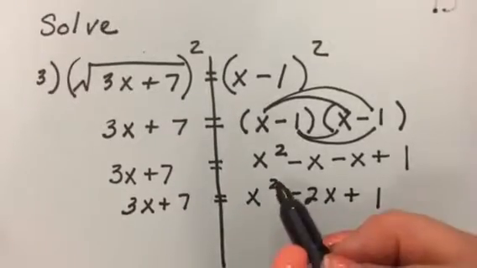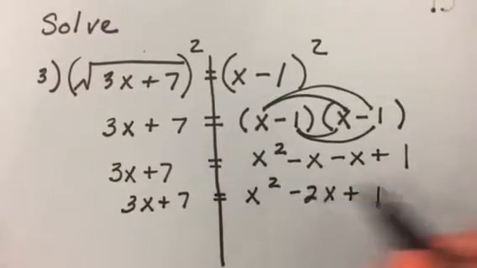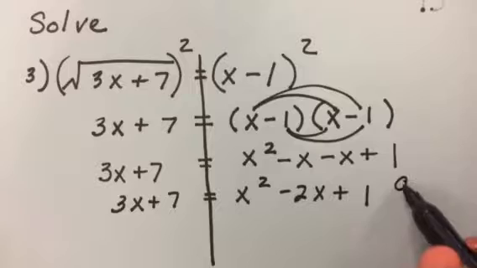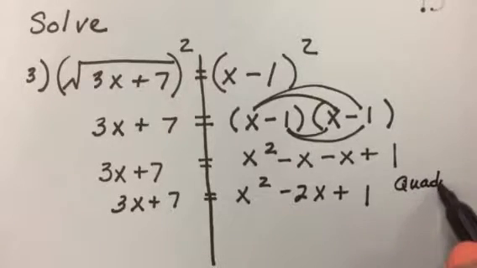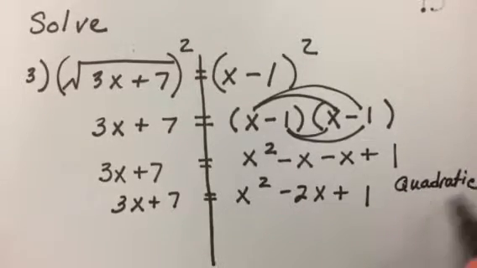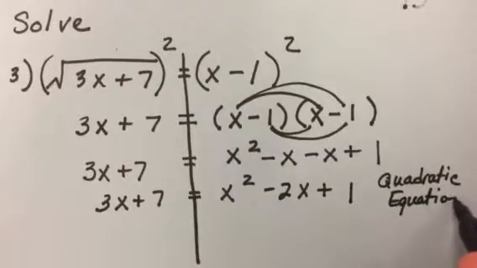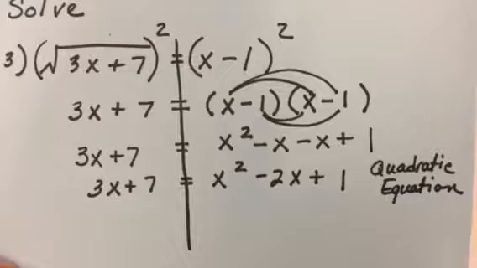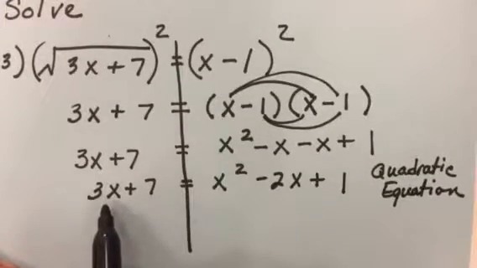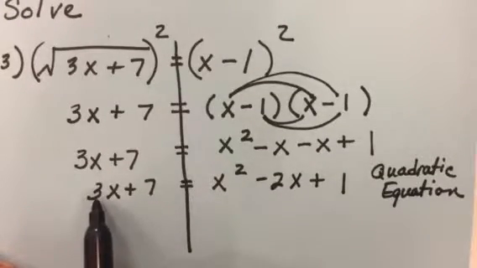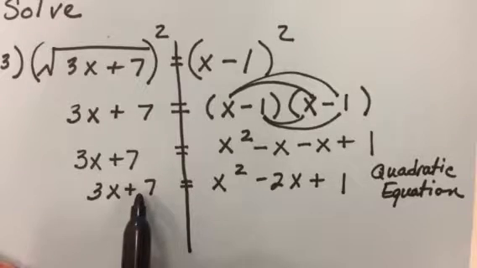Again, notice that because of the square in this term, we now have the quadratic. And just like we did in our last video, whenever we solve a quadratic equation, we have to get one of our sides equal to 0. So looking at the left-hand side, we want to take the 3x term and the plus 7 term and make this side equal to 0.